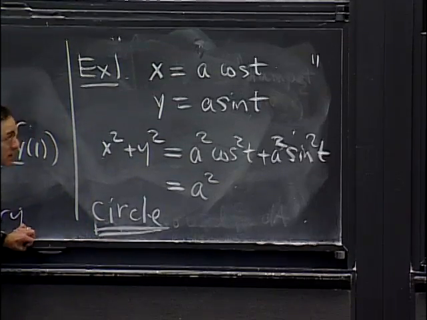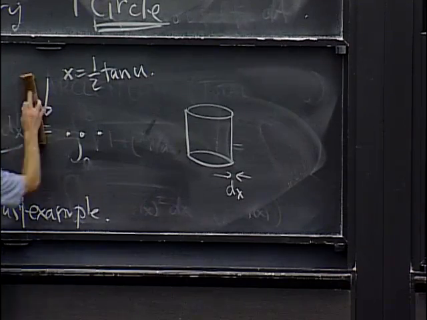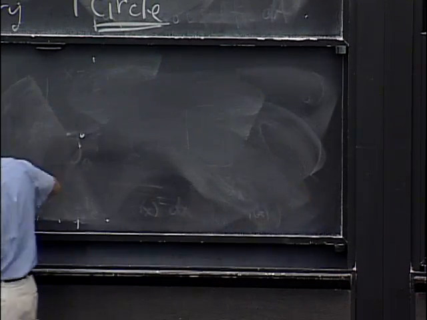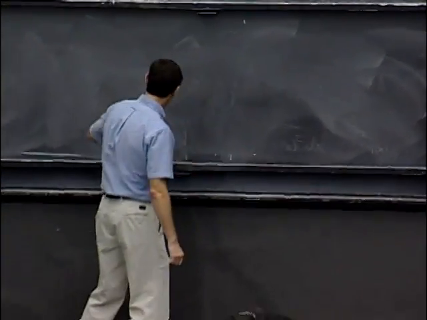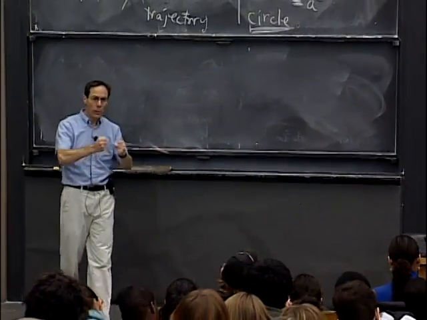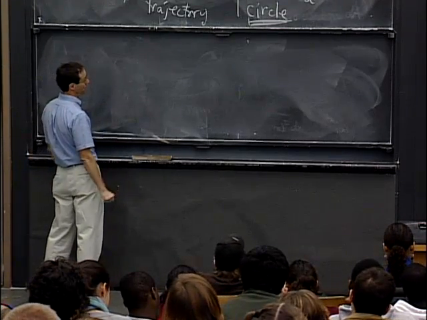Well, we know what shape this is now. And the other thing I'd like to keep track of is which direction we're going on the circle, because there's more to this parameter than just the shape. There's also where we are at what time. Think of it like the trajectory of a planet.